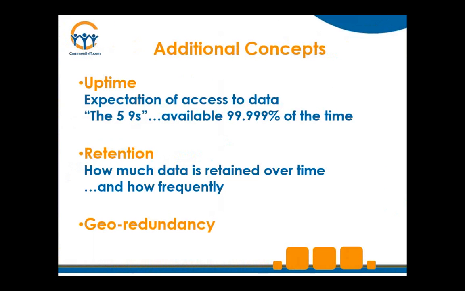So it's good to look into those parameters, or that language in the contracts. Where's your data center? Is it replicated anywhere else? What's the process if the primary data center goes down?